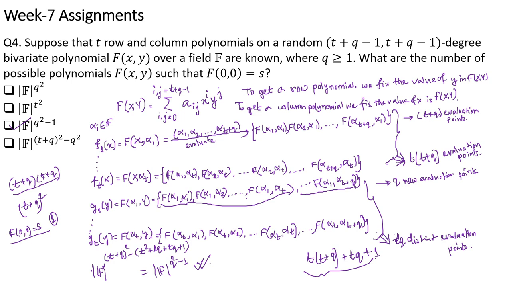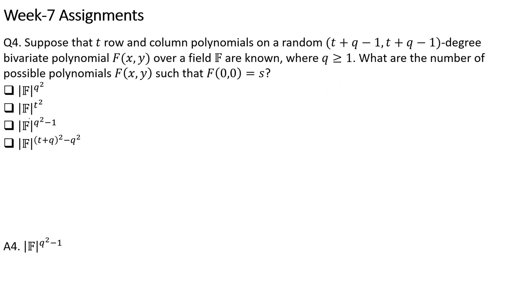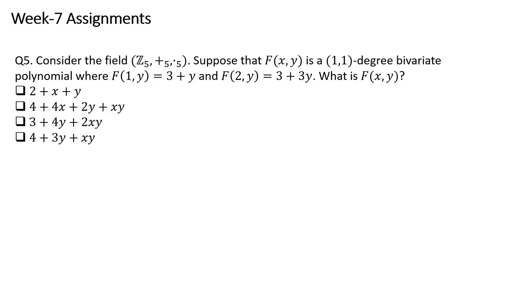Okay. Now come to the last question of week 7 assignment. Consider the field Z5 with the addition and multiplication operation on the field. Suppose that f(x,y) is a (1,1) degree bivariate polynomial where f(1,y) is 3 plus y and f(2,y) is 3 plus 3y.